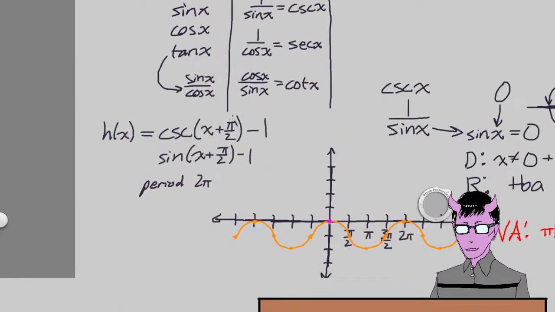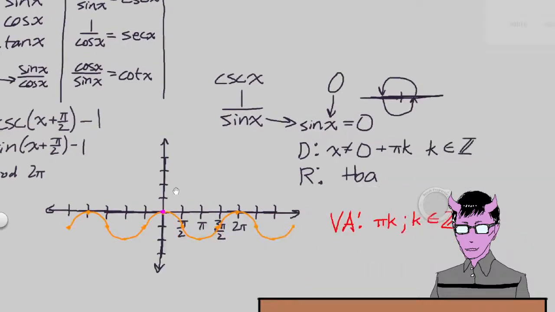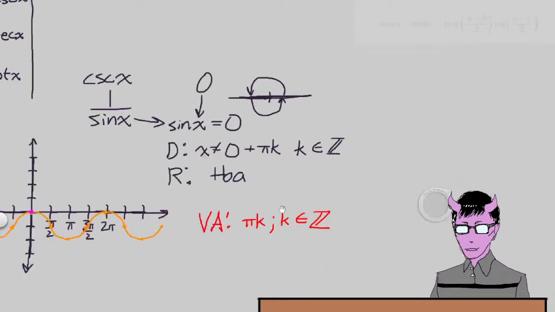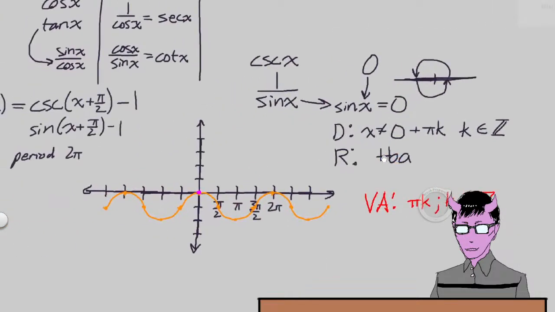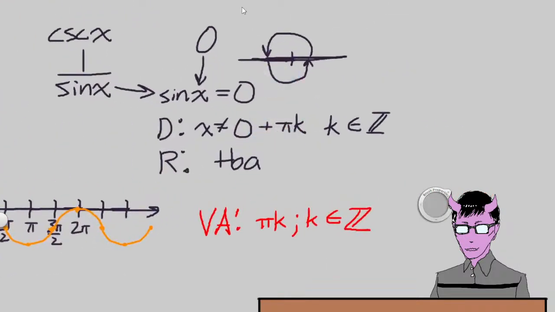But because we have a shift of pi over 2, we do need to adjust all of these things right here. So that's not too bad though. Just shift it by pi over 2. So again, 0 is the default one if we were just working with cosecant of x.